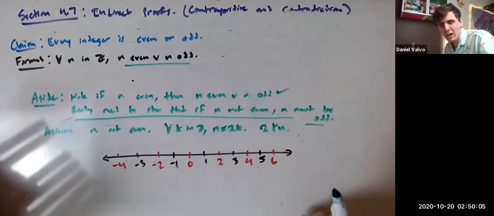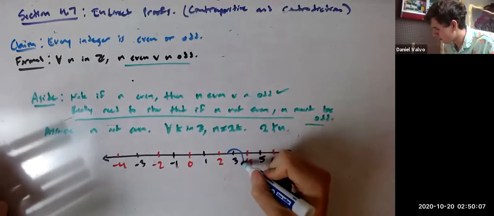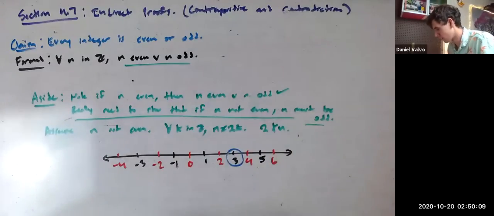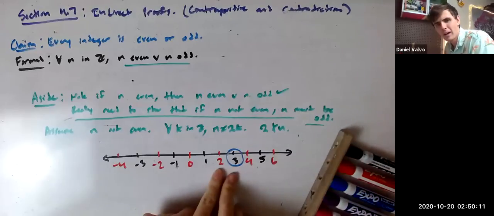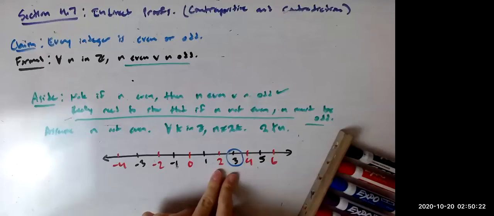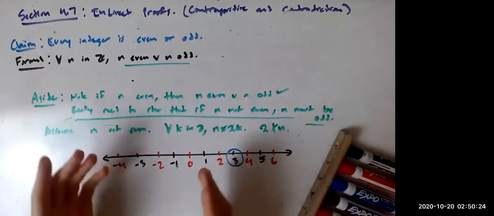If you take any odd number, like 3, how far away is it from an even number? It's 1 away. It's got to be 1 away, right?